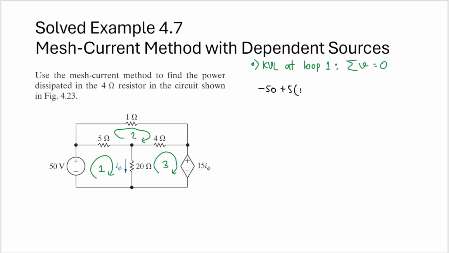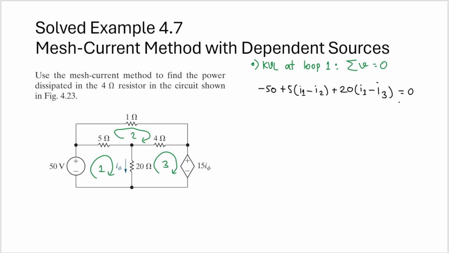But here we have I2 flowing in the opposite direction, so we'll have minus I2. And then this one here, we will have plus 20 multiplied by I1 again. However, here I3 is flowing in the opposite direction, so minus I3, and all of that will equal 0.